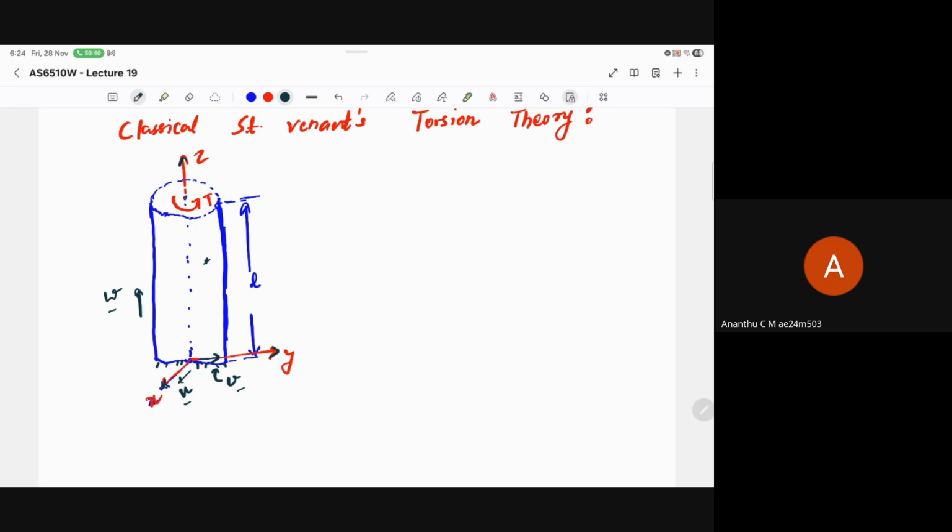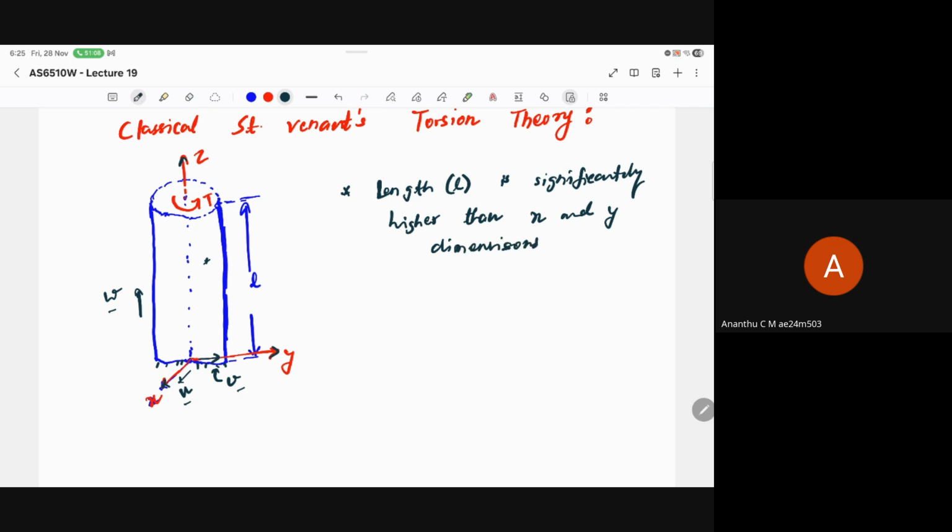Okay. Now let me just write the characteristics of this shaft. The length L of the shaft is significantly higher than the x and y dimensions. You have applied a torque T, which is the end torque.